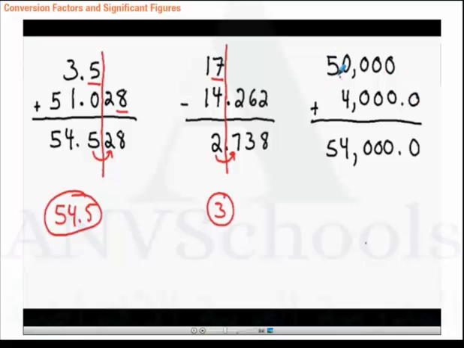Here it has only 1, so we'll expect our answer to have 1 significant figure. So here our answer will be 50,000.